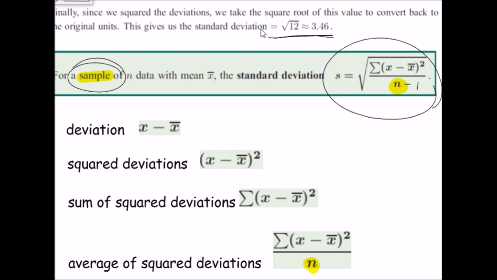So, the formula is based on the fact that we work out the deviation, so take away the mean from each score, we then square it to get rid of the negative values, we then add them all up, and then we divide by n, the number of scores, if we've got the population. If we've got a sample, we divide by n minus 1. And then we take the square root of all those values to undo the fact that we've squared it.